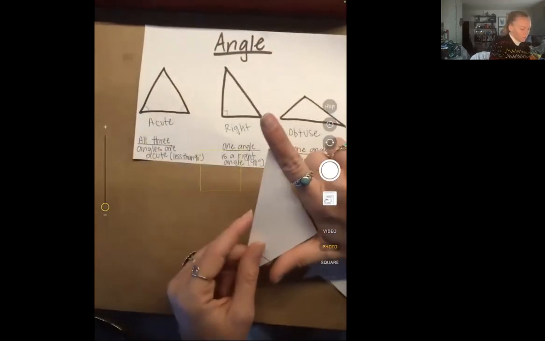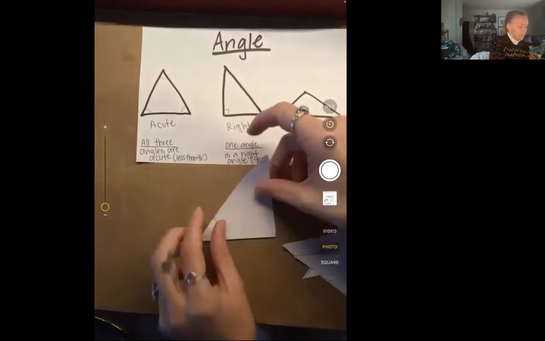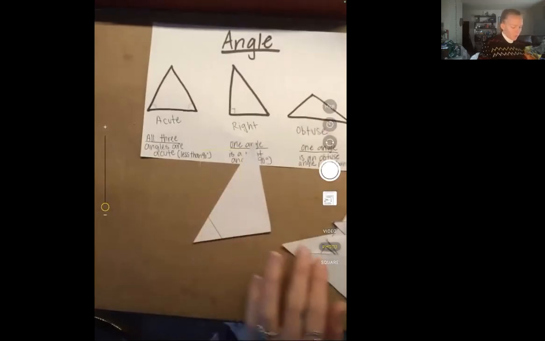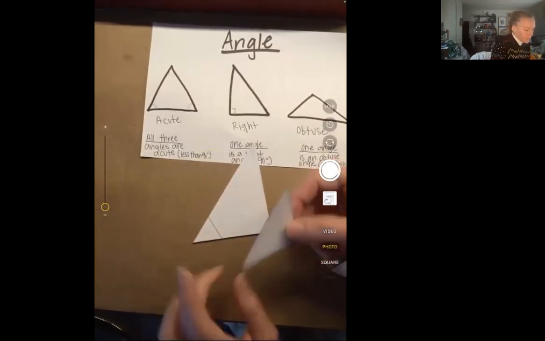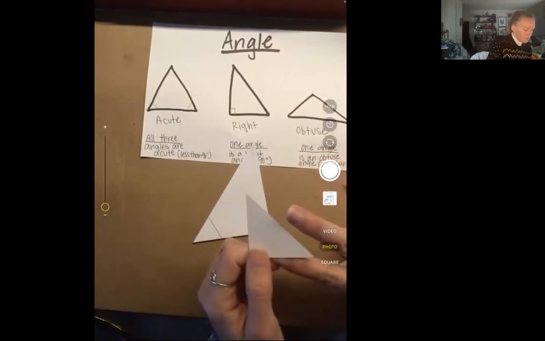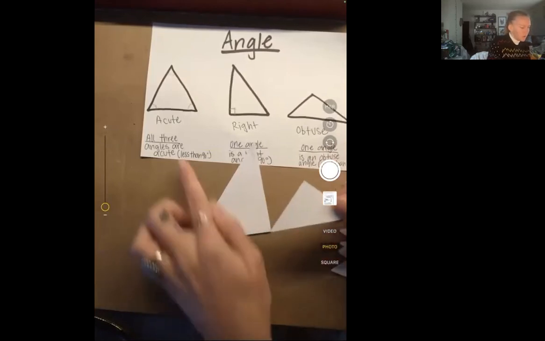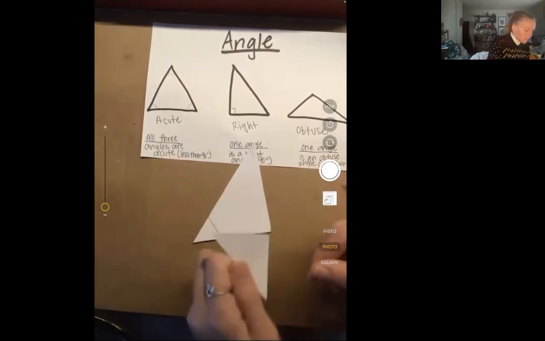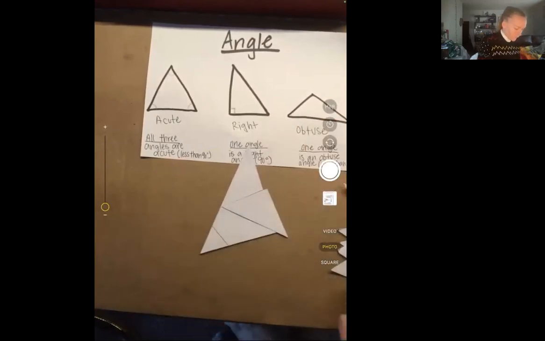Does it fit? It does. So I'm going to put it right here with my right triangle. Now, let me check. Oh, it's bigger than that one. 1, 2, but not 3, so it's not acute. Let me try this one. Oh, it fits there.